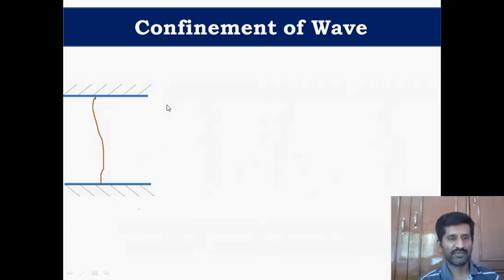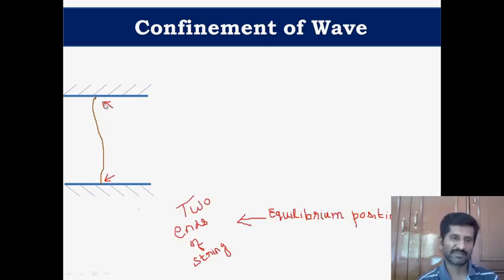Now we have a different situation. Both ends of the string are attached as shown in this figure. When we apply force to execute wave motion in this string, every segment of the string oscillates with respect to the equilibrium position. As these two ends are fixed, they always stay at the equilibrium position.